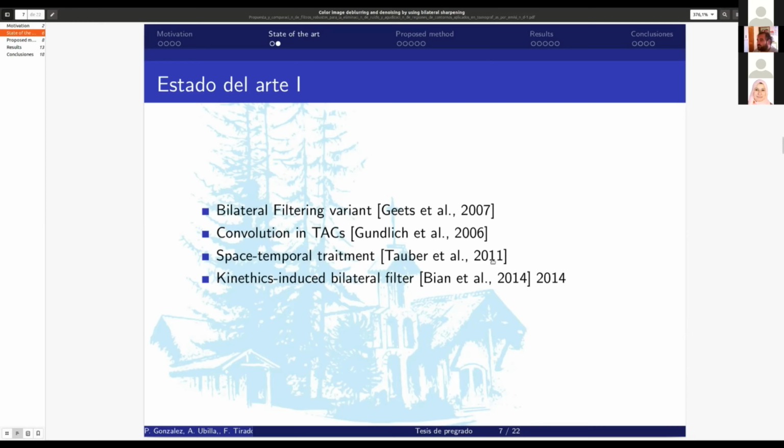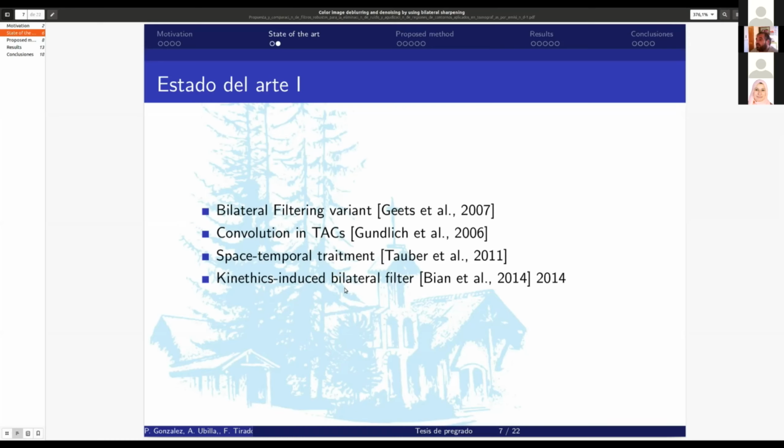Tober in 2011 developed a method based on partial differential equations that uses a robust anisotropic diffusion, taking the robust calculus to obtain the regions, the contour regions.